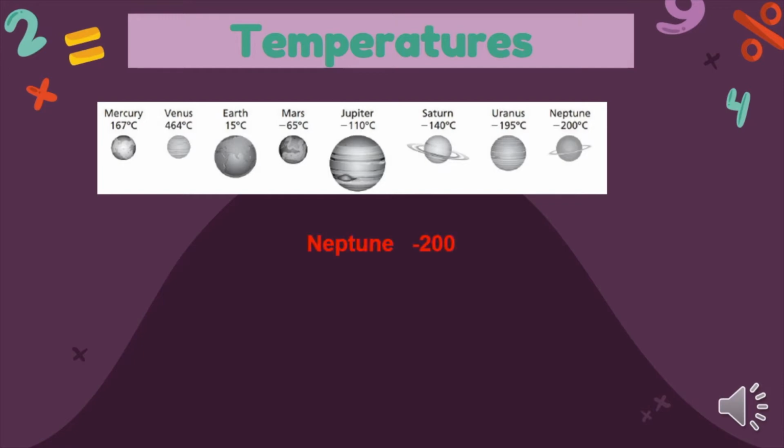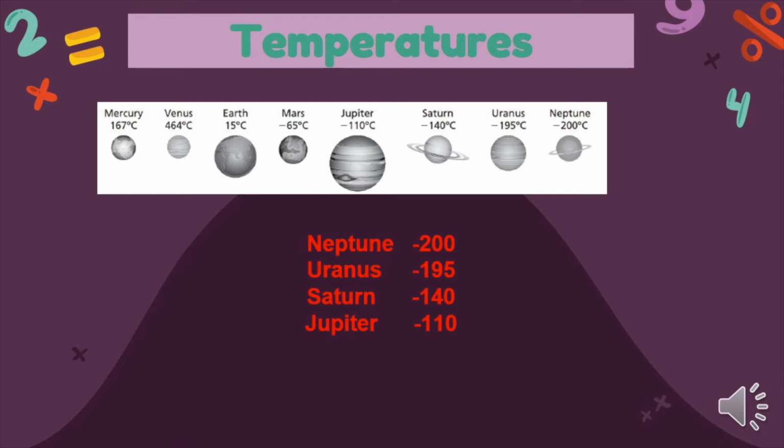Let's put them in order. We have Neptune, which is negative 200. Now we're putting these numbers in order from coldest to warmest. So our coldest temperature is Neptune, negative 200. Then Uranus is negative 195. Saturn is negative 140.